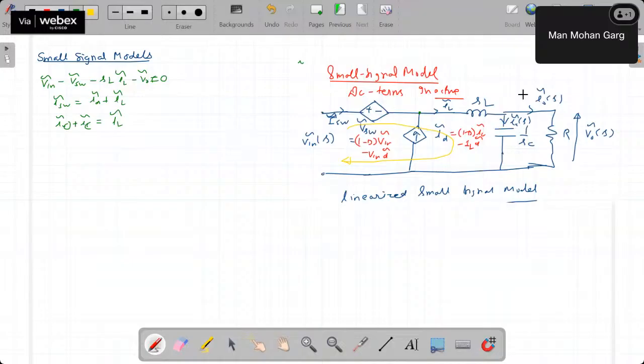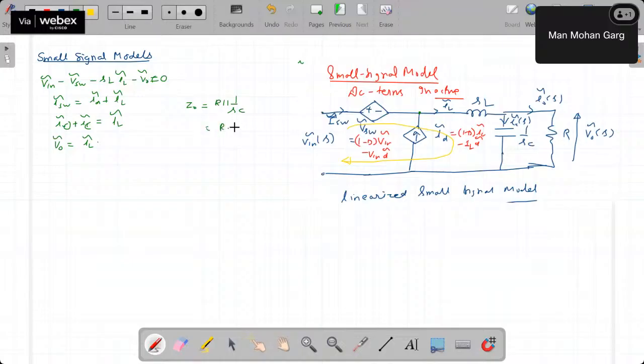Or you can say from here, if I consider this to be one single impedance, then I have one relation: V node equal to IL into this impedance. And what is this impedance? If I say this to be Z naught, then what is this Z naught? R in parallel with 1 upon SC.